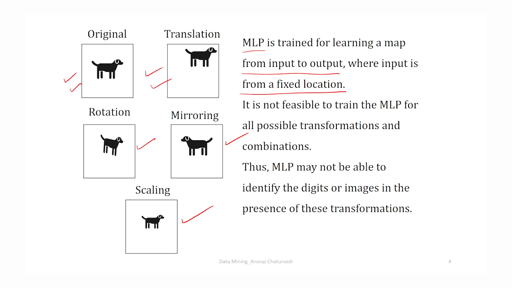Obviously, it is not feasible to train the MLP for all such transformations, and therefore the multi-layer perceptron may not be able to identify such images or digits in the presence of these transformations. So, you require some alternative approach to handle such problems.